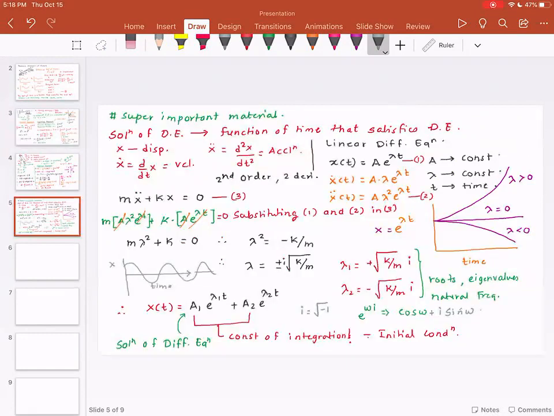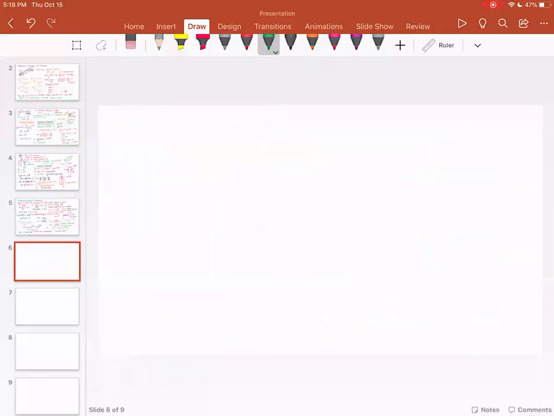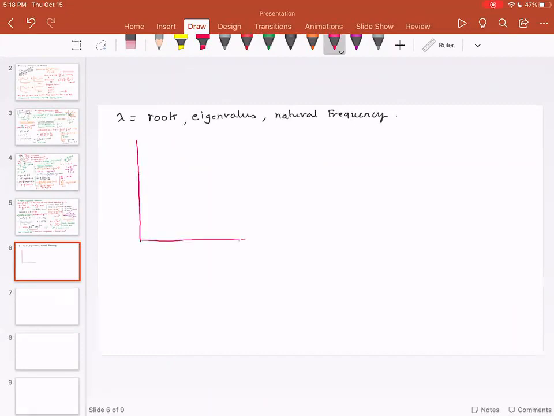And for the sake of completion, let me tell you about when lambda, or eigenvalues, are greater than 0. Lambda is called roots, also called eigenvalues, also called natural frequency. I need to show you this plot here. This is lambda equal to 0.